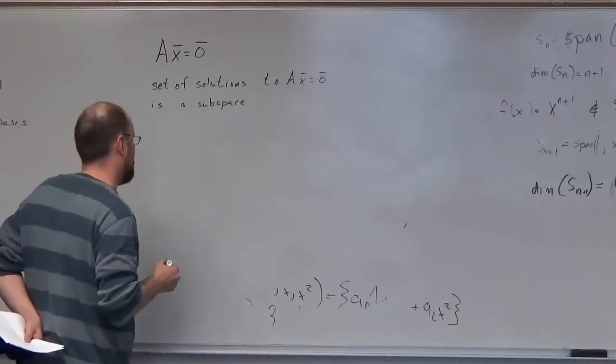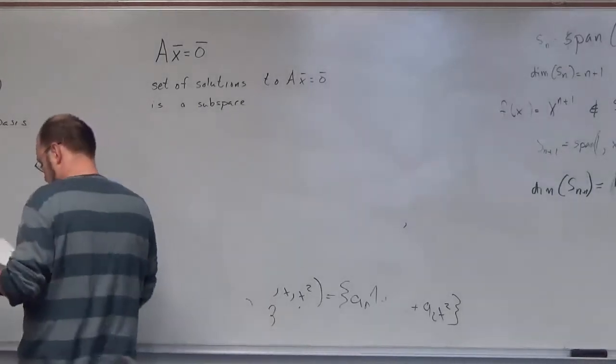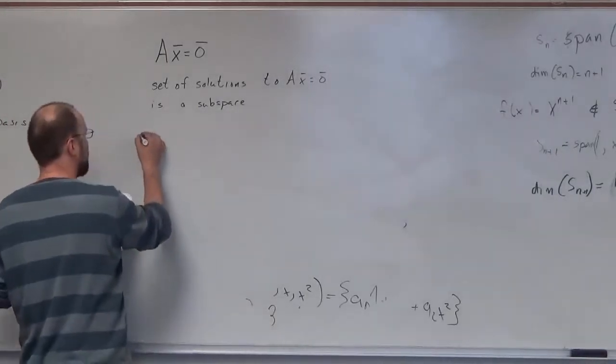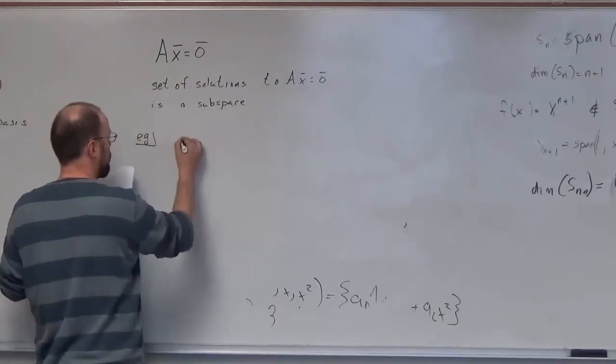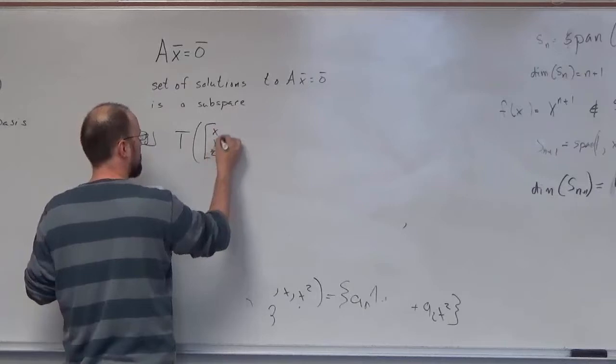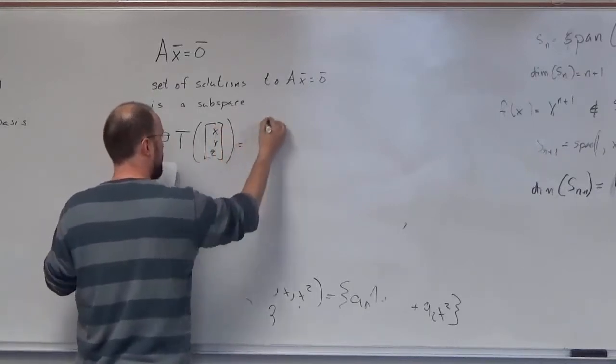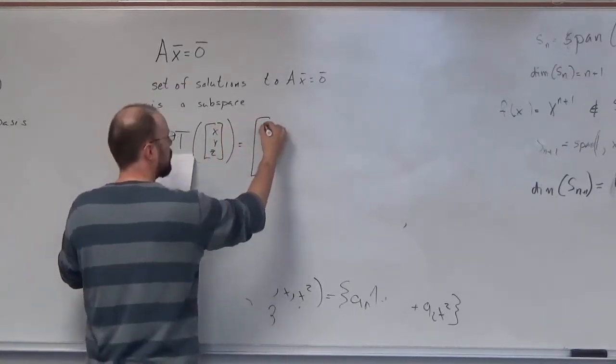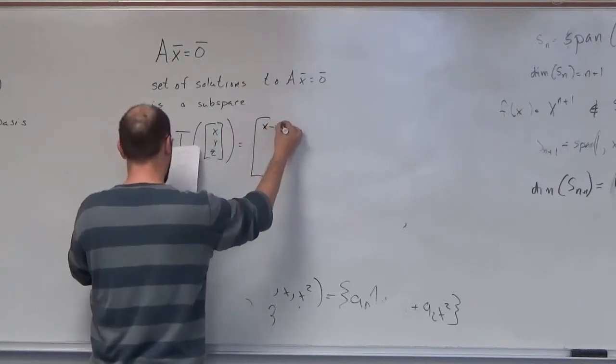So let's practice that. For example, suppose we have a transformation which takes a vector in R3 and gives you a vector in R3 according to this rule.